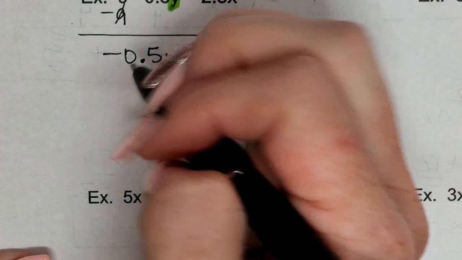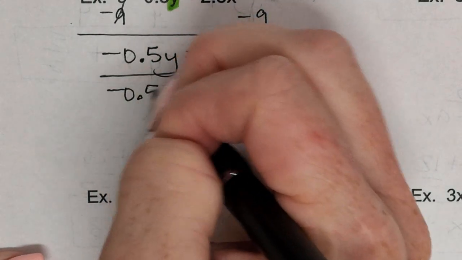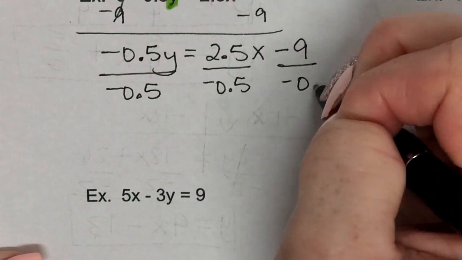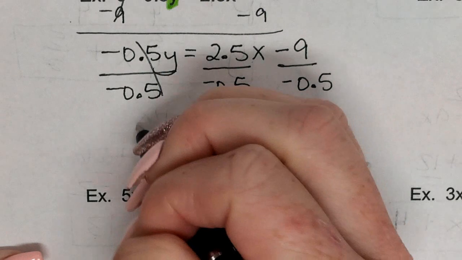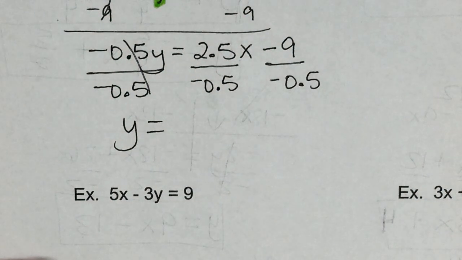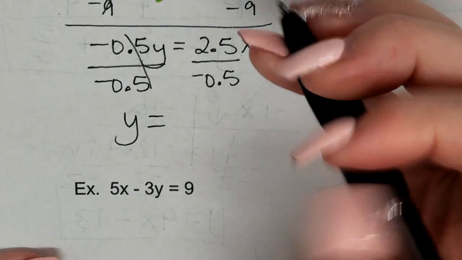Okay, I'm now going to divide by negative 0.5. So 2.5 divided by negative 0.5 is negative 5x.